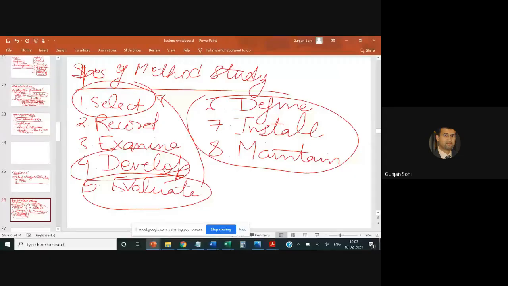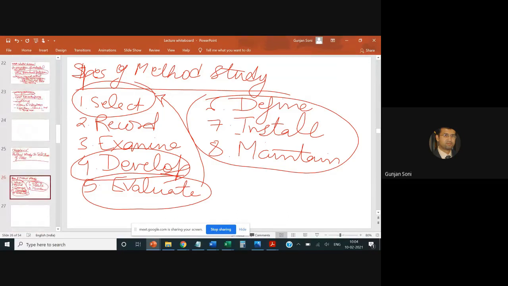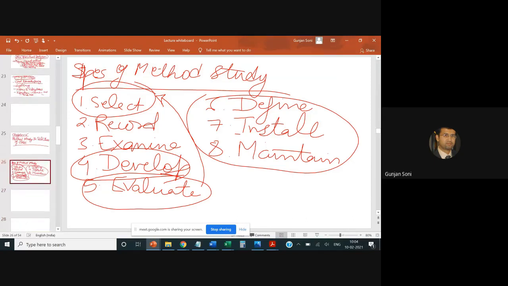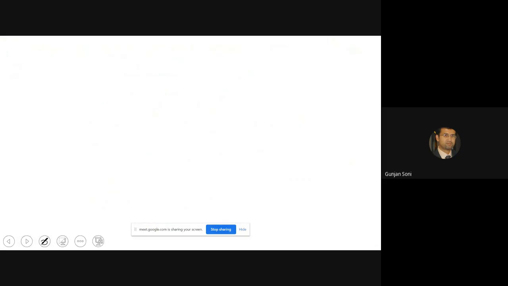Okay. So these are the 8 steps. Now we'll talk about the first one. Select the work to be studied. That's going to be our step number 1. Any operation which we may select could be a candidate for work study.